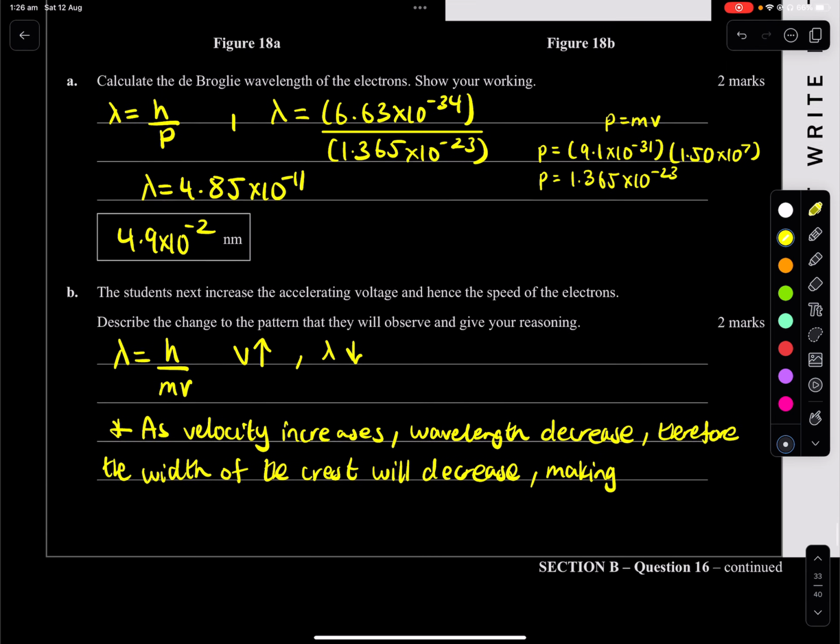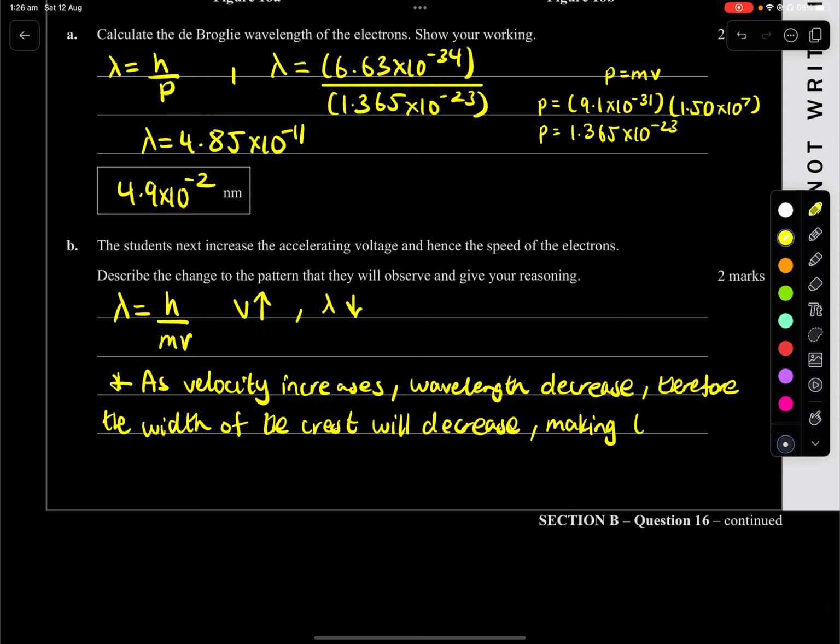I'm not too sure about how to write it, but I know it decreases. So: as the velocity increases, the wavelength decreases, therefore the width of the crests will decrease, making the pattern look smaller.